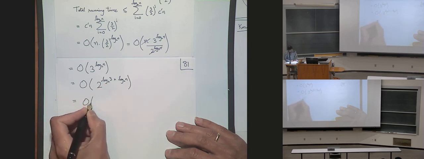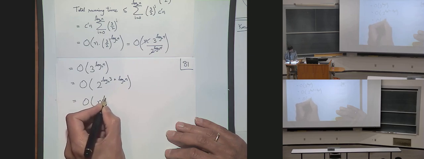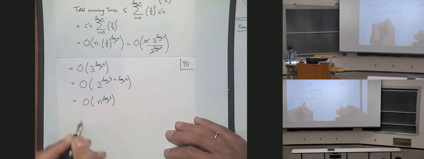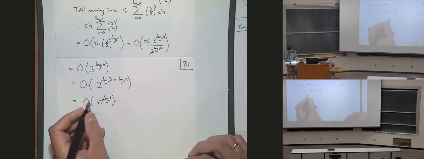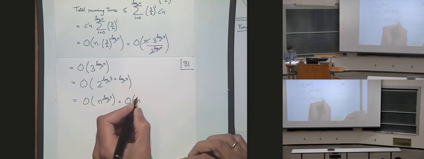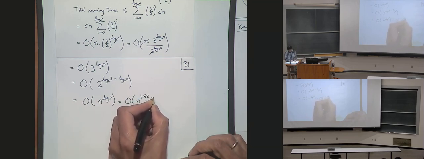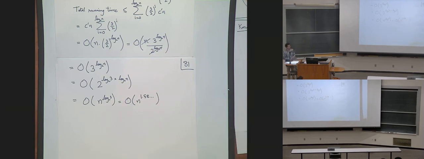What you get is O of n to the log base 2 of 3. And so log base 2 of 3 is between 1 and 2, right? It's something in between. And if you write it out, it's like n to the 1.58 something. It's sort of like n to the 1.5, but a little bit more than that.